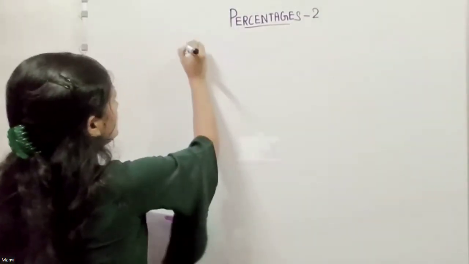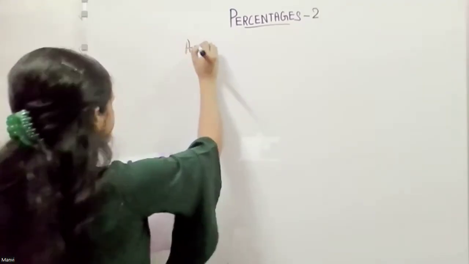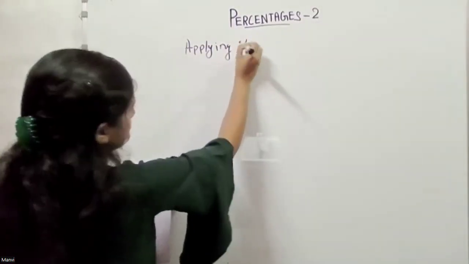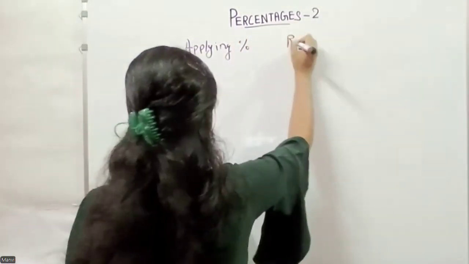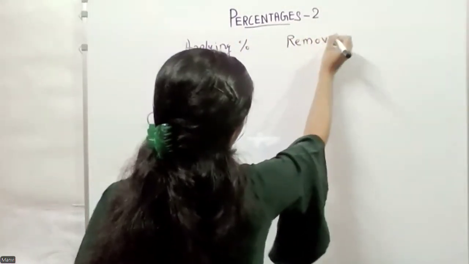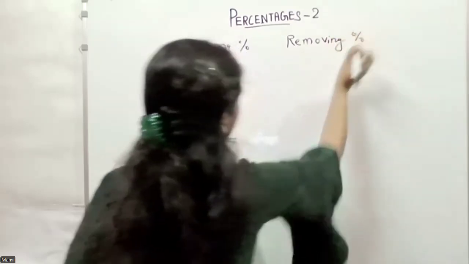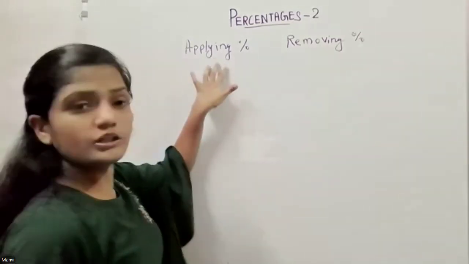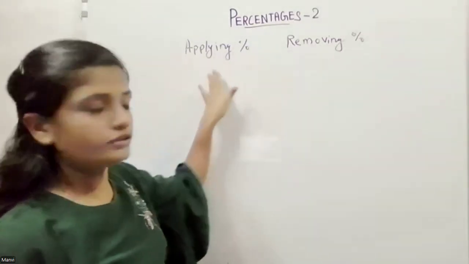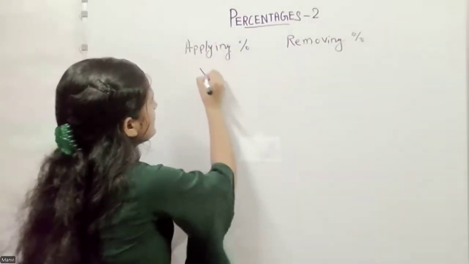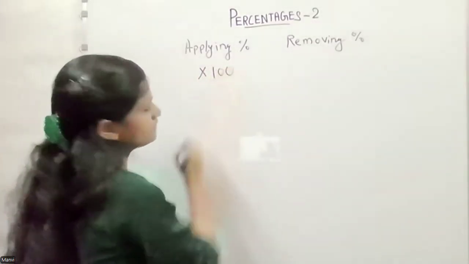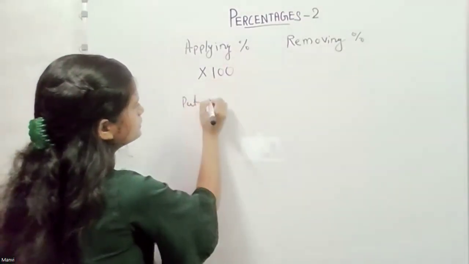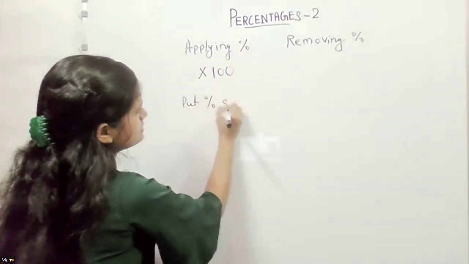So the two rules are, one is applying percentage and second is removing percentage. These two are very easy. We already learned that whenever we need to apply percentage, we just multiply the given fraction with 100 and then at the end put the percentage symbol.